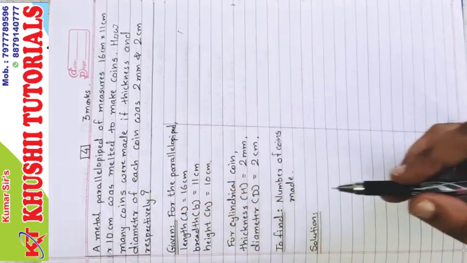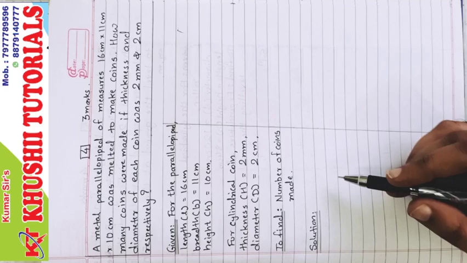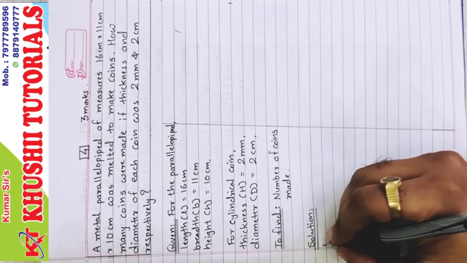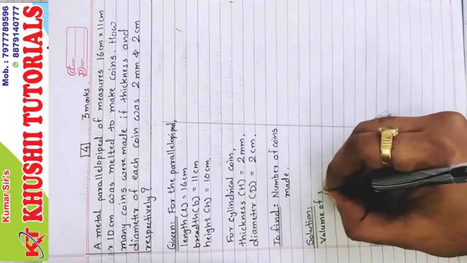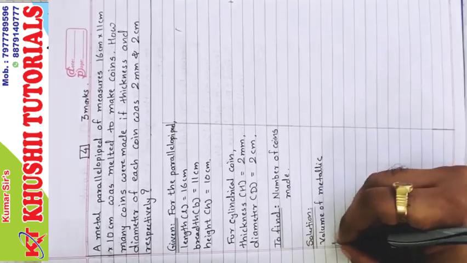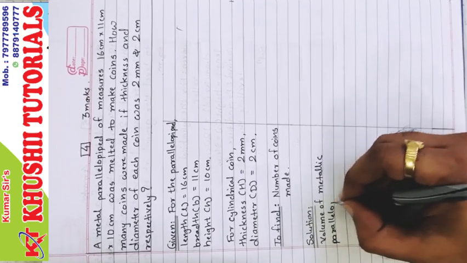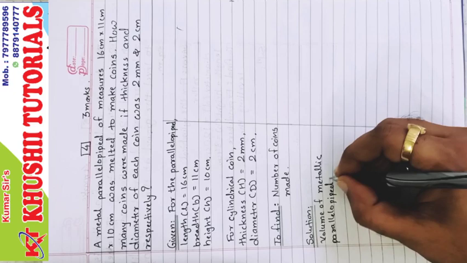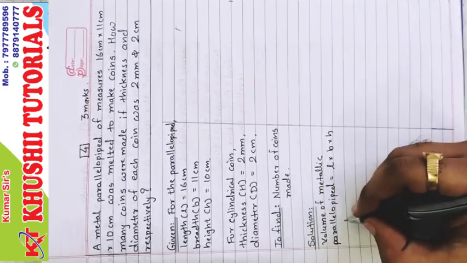First of all, we will find the volume of parallelepiped, metal parallelepiped. So volume of metallic parallelepiped equal to length into breadth into height. That is the formula.